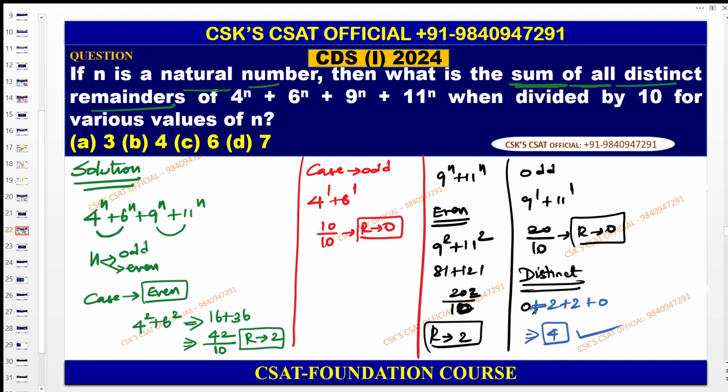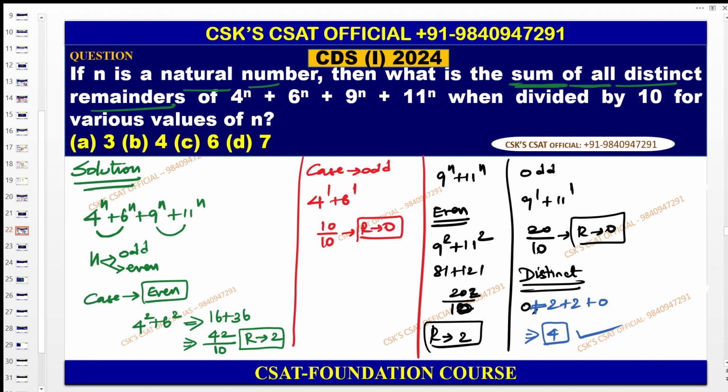Listen carefully: one 2 is related to 4 power n plus 6 power n, and the other 2 is related to 9 power n plus 11 power n. Don't say we have to take it only once. Here they are distinct because, based on the terms, we have clubbed 4 power n plus 6 power n. So this is also a very important note you can take.